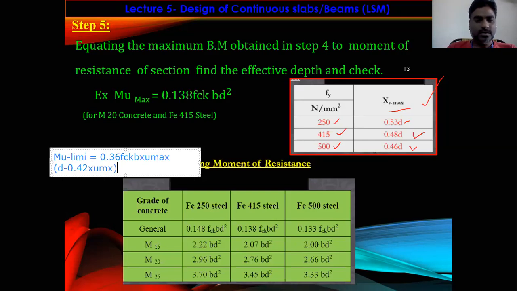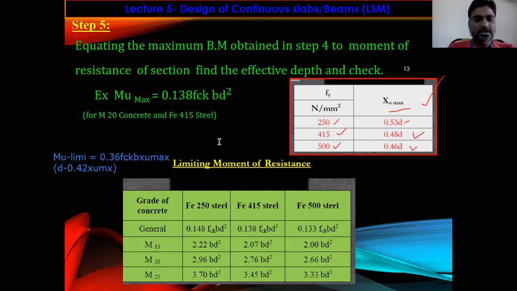Right. So in this equation, you just substitute the Xu max value corresponding to your grade of steel and simplify the equation. So I have simplified it and presented here some of the values.